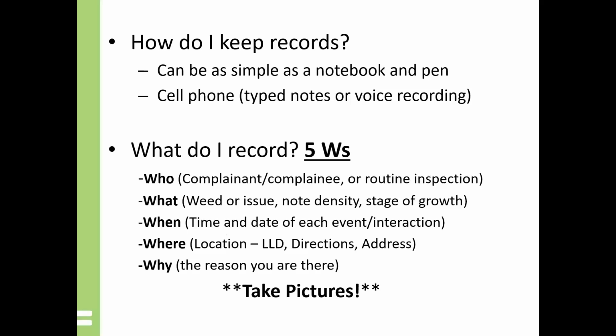I wrote down who complained against who, and the weed that I was going to investigate. The density: on that particular field, the dandelions covered probably 80% of the field. They were at a medium density, sometimes high density, and they were in varying stages of growth. So you definitely want to write down all of that.